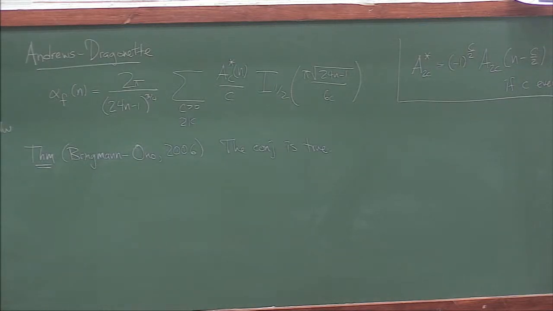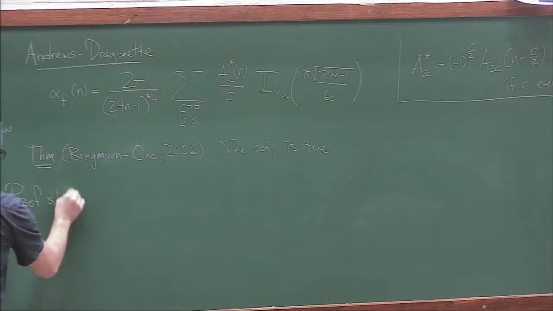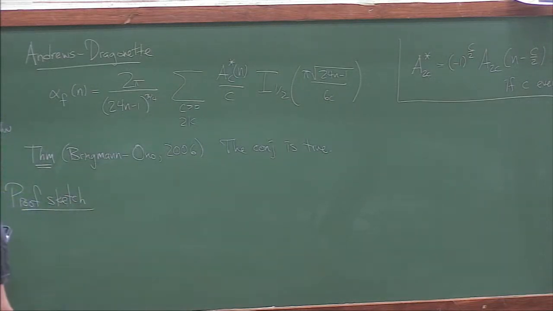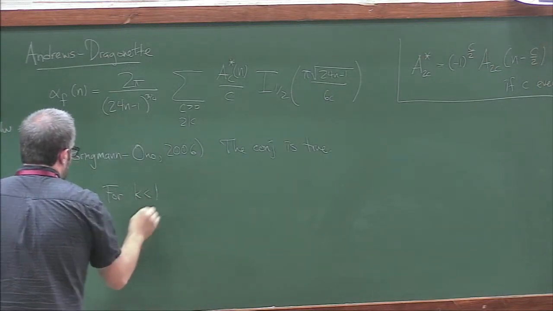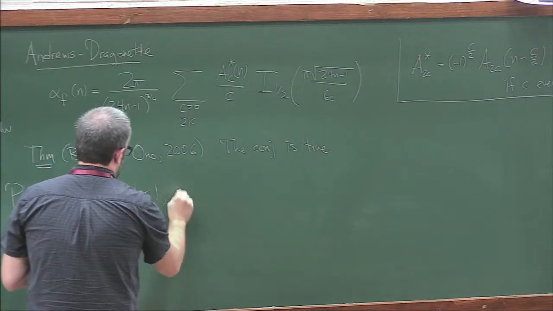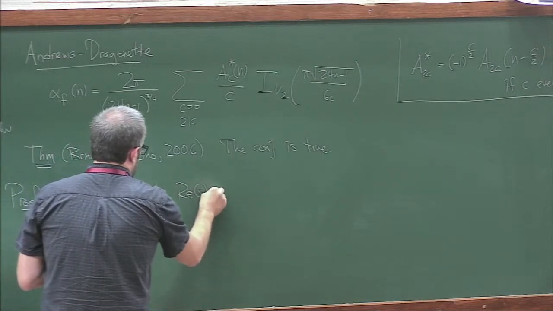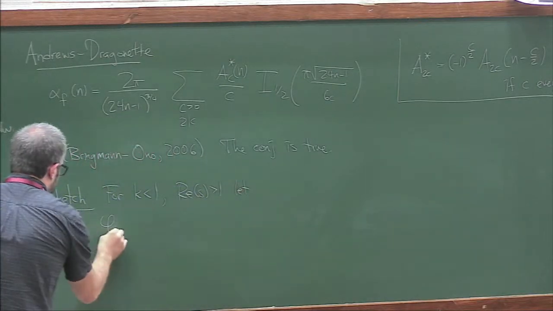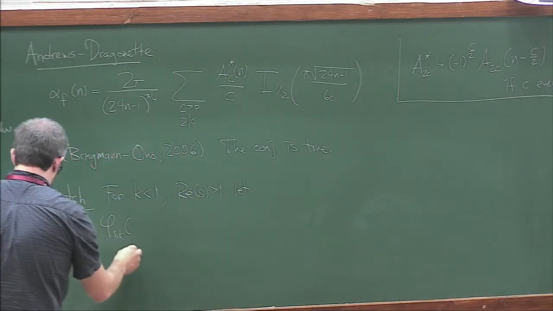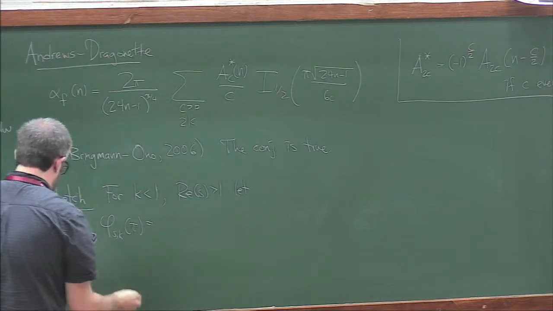Okay, so proof sketch. For any k less than 1 and real s bigger than 1, we're going to let phi_{s,k} of tau be the following special function.